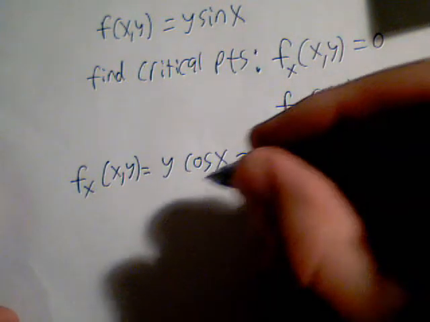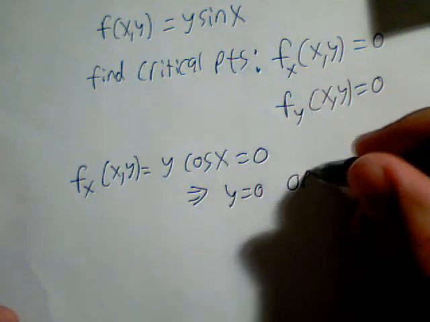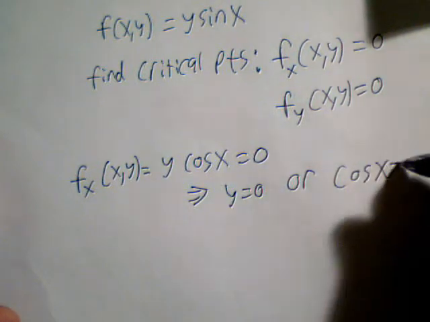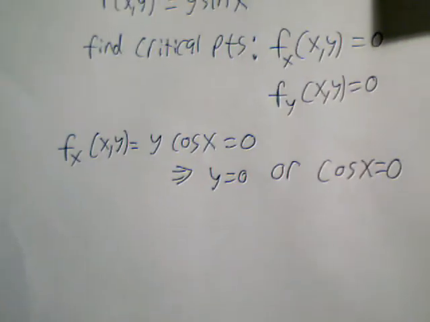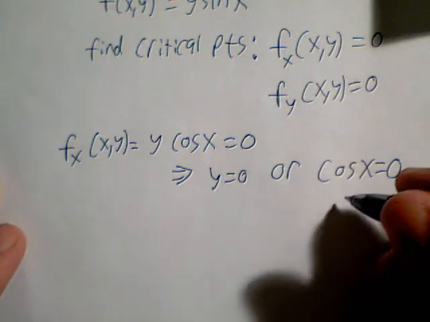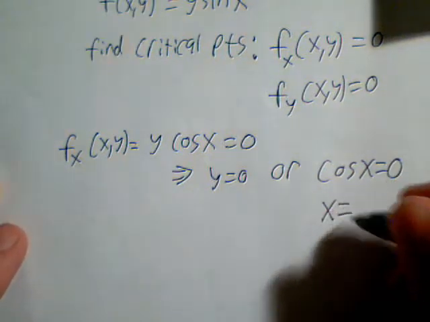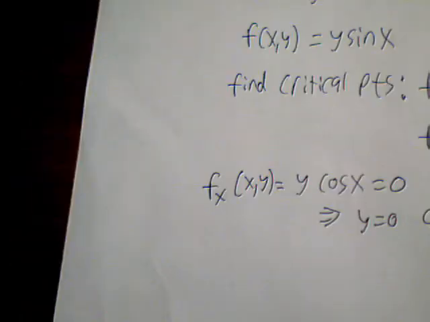Well, that is equal to 0 when y equals 0 or cosine x equals 0. Now this is kind of a special case. Cosine x equals 0 means that x could be, so remember cosine is 0 at, draw a little unit circle off to the side.